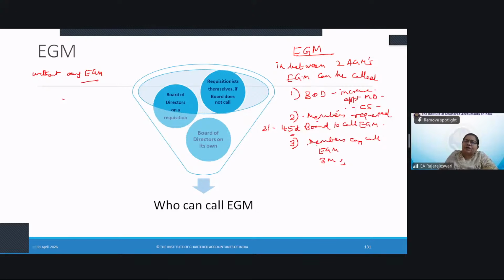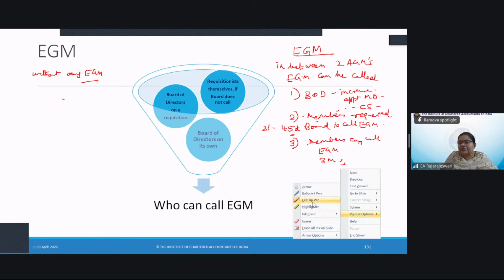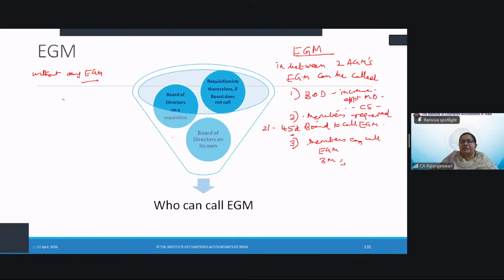See, once you call an AGM or EGM, in an EGM any business is a special business. It can be passed either as an ordinary resolution or a special resolution. Then immediately you have to file the resolution with the ROC, whatever resolution you have passed, within 30 days.